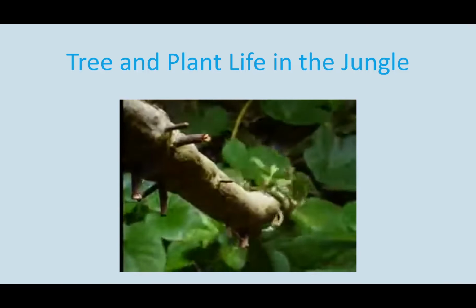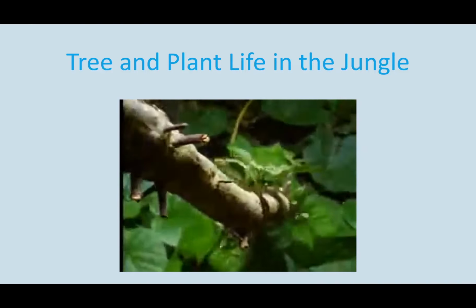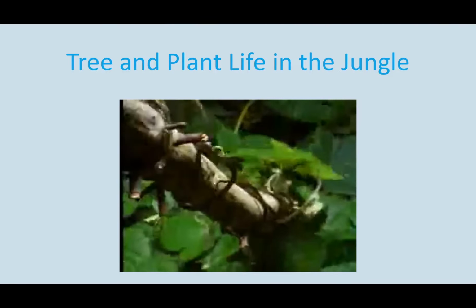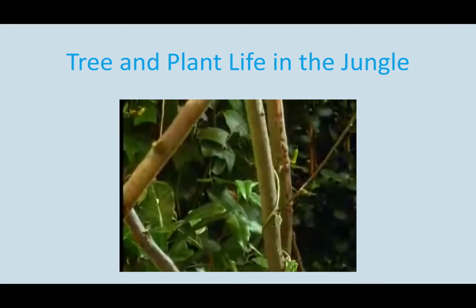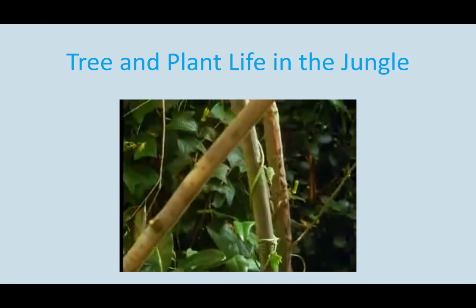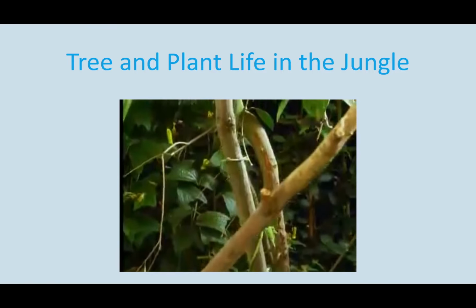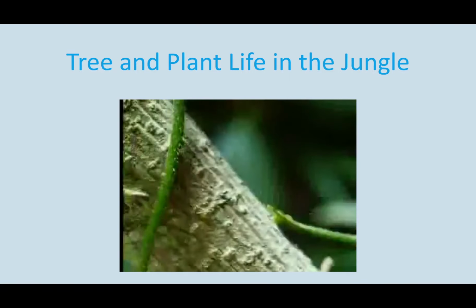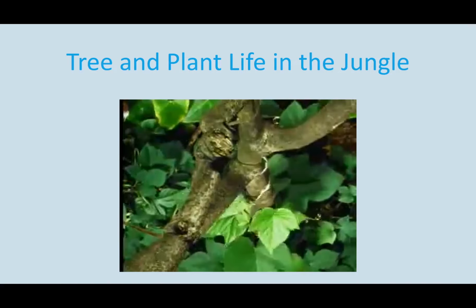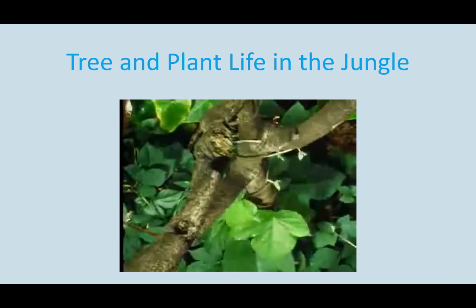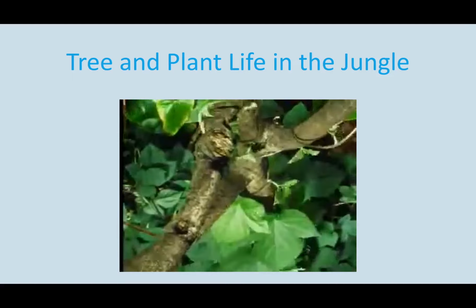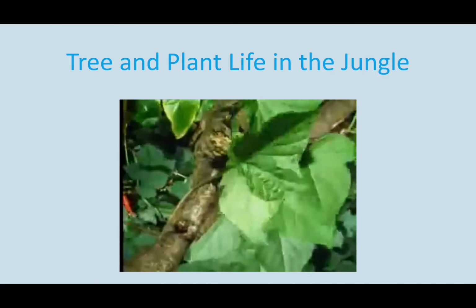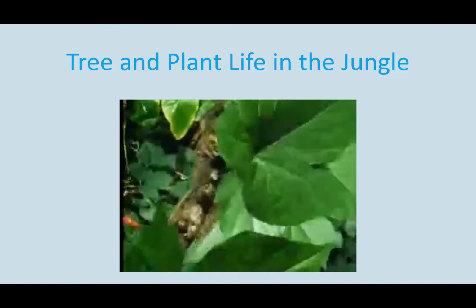Other plants ascend by twining their main stem around their support. As a climber gets nearer the canopy and the light, it expands its leaves.